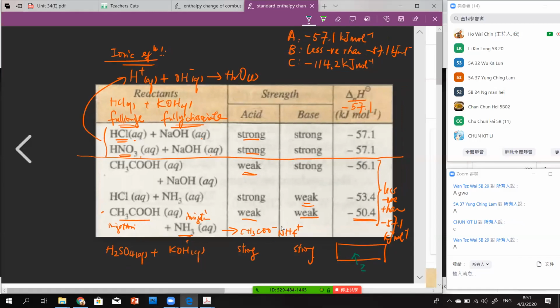It's very, very clear. What is the delta H of neutralization of this reaction? Now the question is, what is the delta H of neutralization for this reaction? Do you understand?